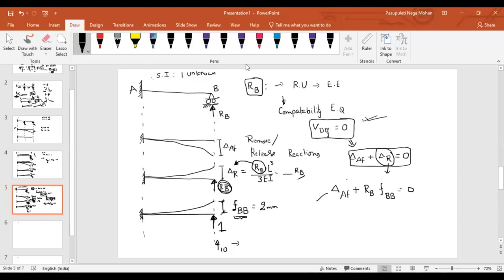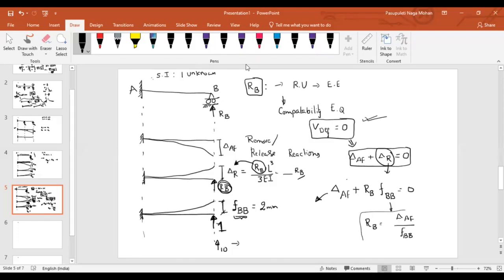This you can find out by using the unit load method or the conjugate beam method, any method. This also you can find out. Why? Because if you apply unit force, can't you find the deflection? You can. Then from this you can find out your RB, that is nothing but the deflection divided by the flexibility matrix.